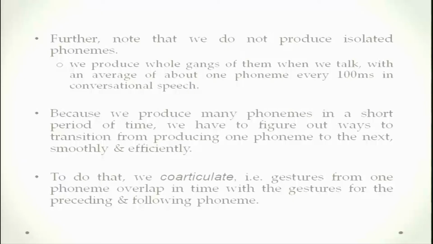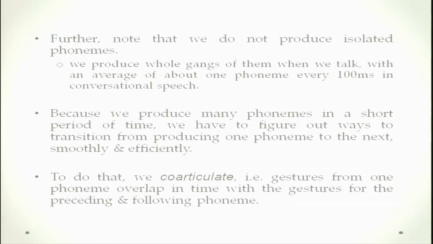You don't produce one sound, give a gap, another sound, give a gap. It's not like this. One sound is just meshing into the other sound. This process is referred to as co-articulation. Because you're producing so many phonemes in such a short period of time, we have to figure out ways of moving from one phoneme to another, and what you do is co-articulation.